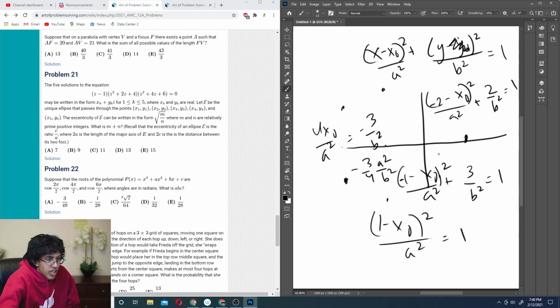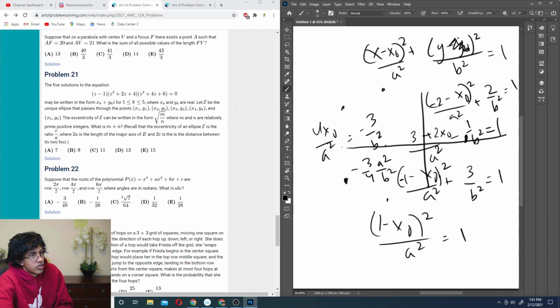Okay, why don't we try subtracting these two? Then essentially you get 2x0, and then 3 plus 2x0 over a squared plus or minus 1 over b squared equals 1.